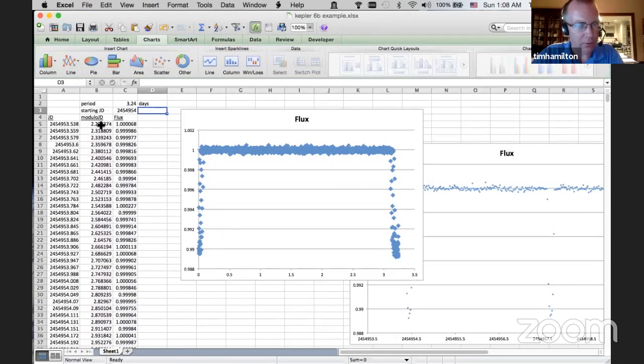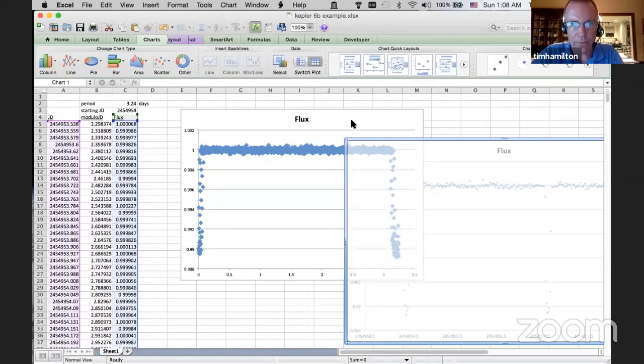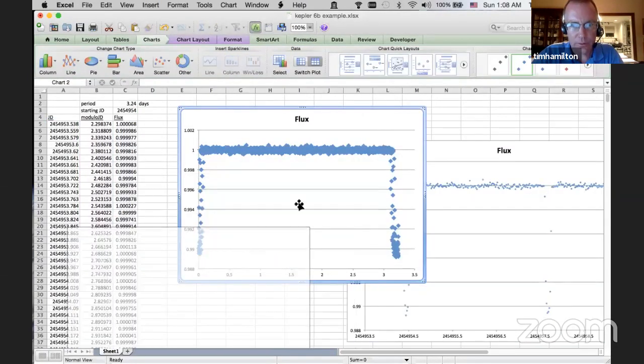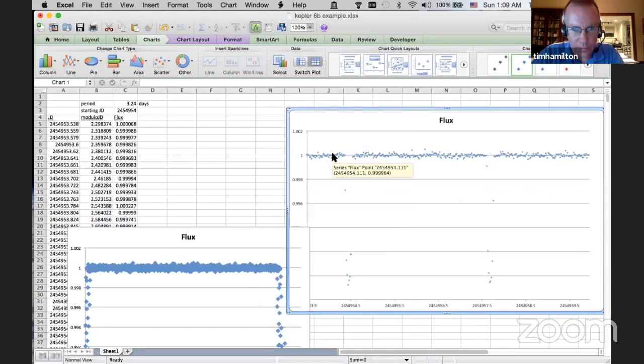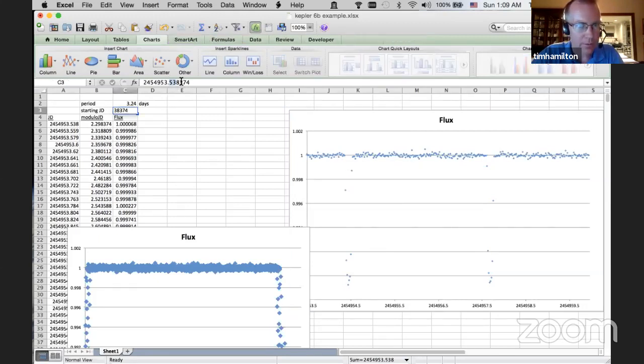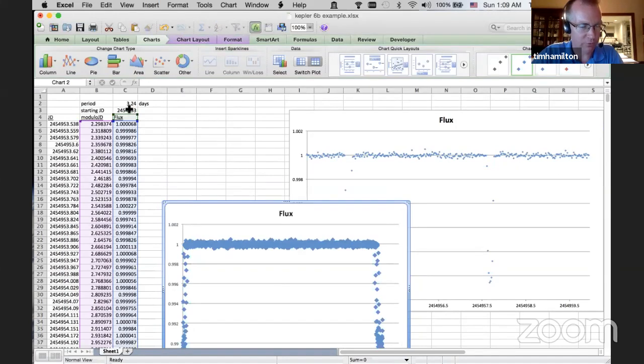Now, what we're going to do is find the Julian date of a time that is just about here. So it's 954.172. Mine is rounded off there when you see it displayed, but that's okay.